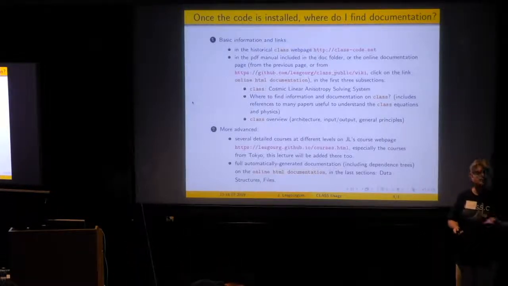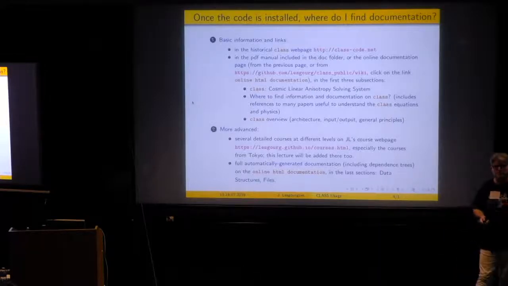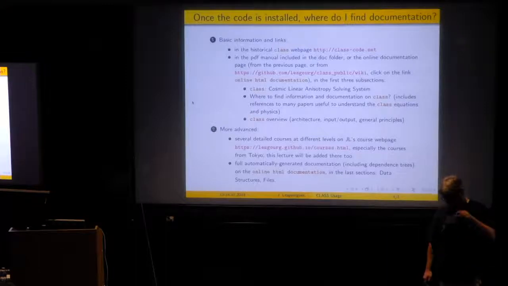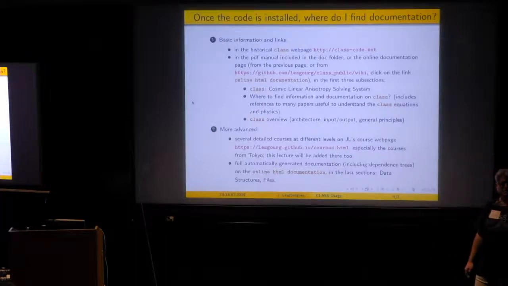When you download CLASS, you get it in PDF, locally on your computer in a directory class/doc/PDF maybe. But if you use it online, it's nice because it's full of hyperlinks. So the online HTML documentation is here, and you find the link from classcode.net or from the Git repository.